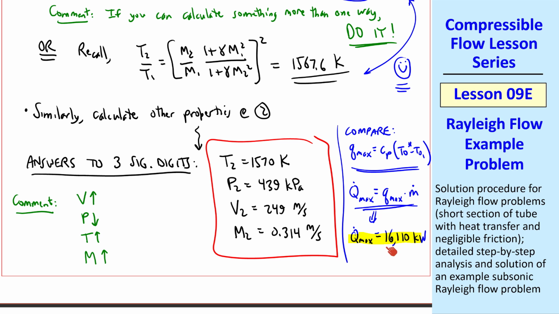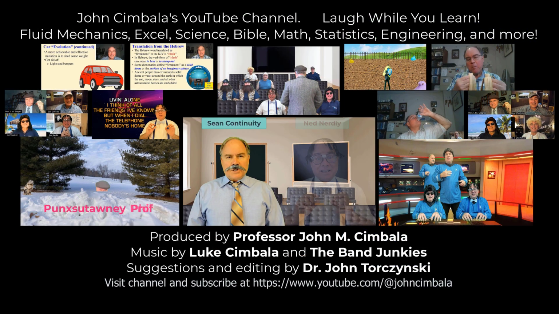This is the maximum possible heat transfer for the given inlet conditions in this Rayleigh flow problem. The actual Q dot was only 4514 kilowatt, so we're very far from the maximum possible. This would be the choked flow case, and any heat transfer beyond that would change the upstream conditions at 1, as we've previously discussed.